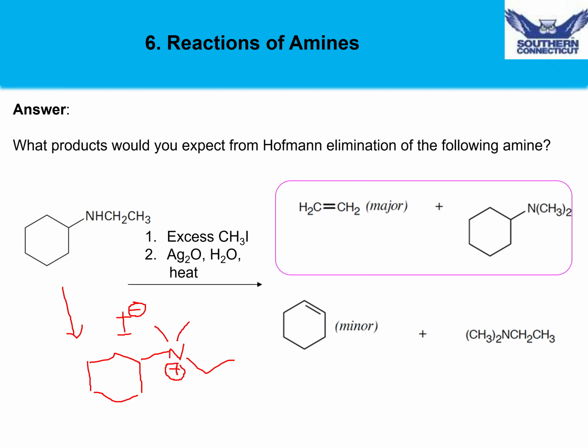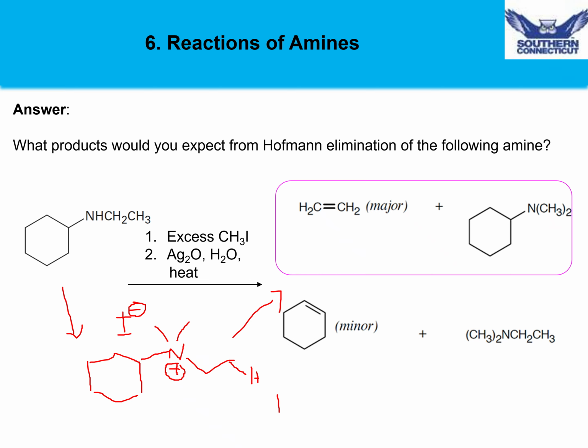Then once we add silver oxide and water, we can do the Hofmann elimination portion of the reaction. The hydroxide ion can remove a hydrogen on this carbon. So let's draw that out. If we have a hydrogen here, we can remove that hydrogen.